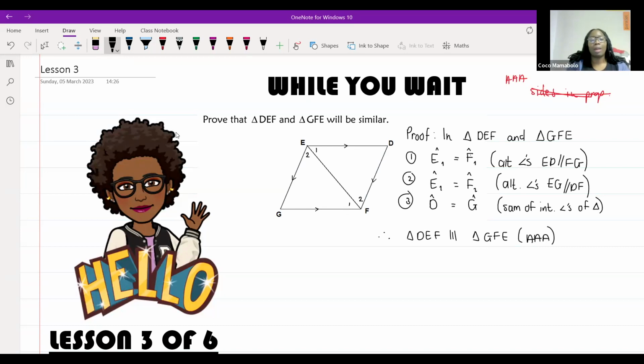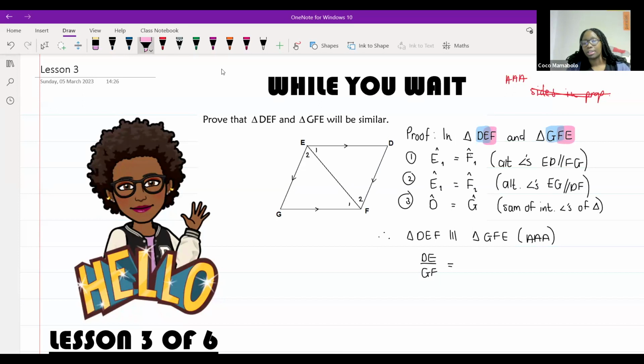Right, now I want us to use this. Remember, guys, we need to map out which sides are in proportion. So if I ask you, side DE will be in proportion to which side? GF. Absolutely, GF. Well done, my darling. Good. So DE is in proportion to GF, which is also equal to, which other two sides would be in proportion? I would say EF over FE, because they have EF in common.